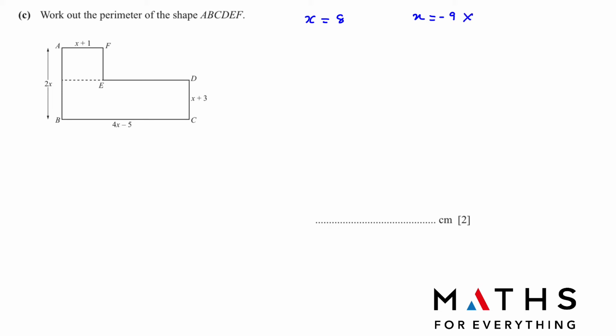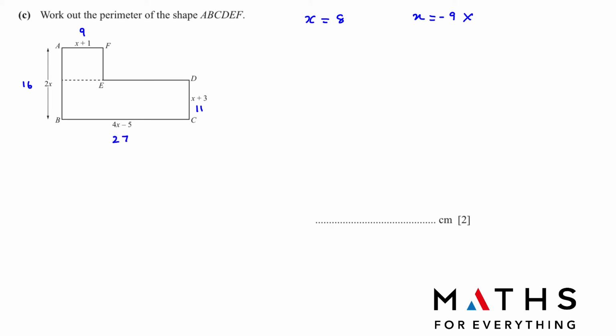Let's replace the x with 8 and see what we get. 8 plus 1 is 9. 2 multiplied by 8 is 16. 8 plus 3 is 11. And 4 multiplied by 8 is 32, minus 5 is 27.